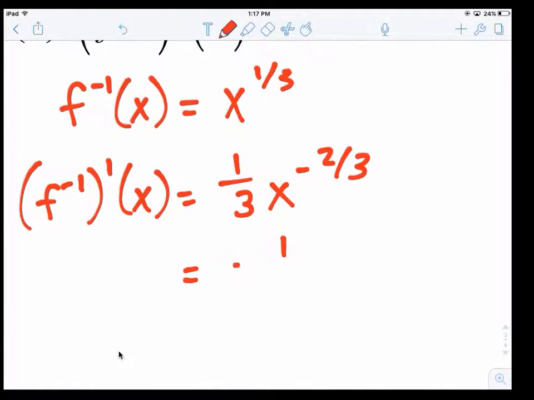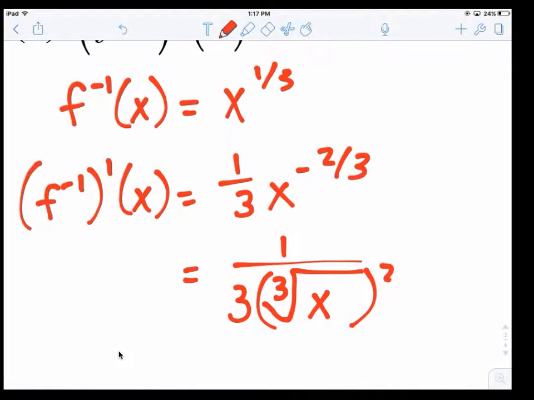So that gives me 1 over 3 times the cube root of x squared. You can either put the squared inside, or you can put it on the outside. Doesn't matter. All right, so that's the derivative.